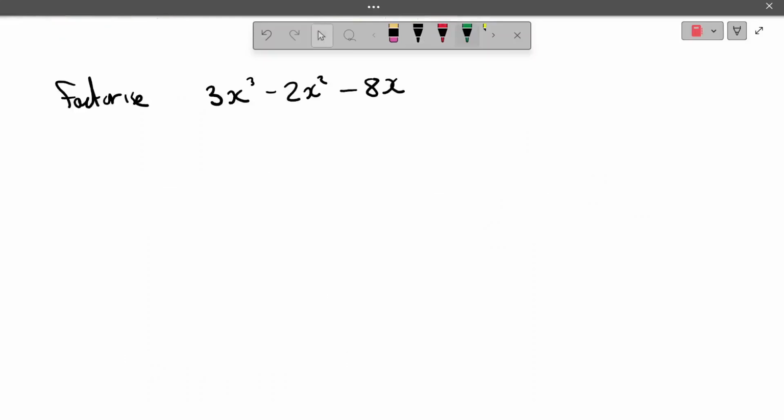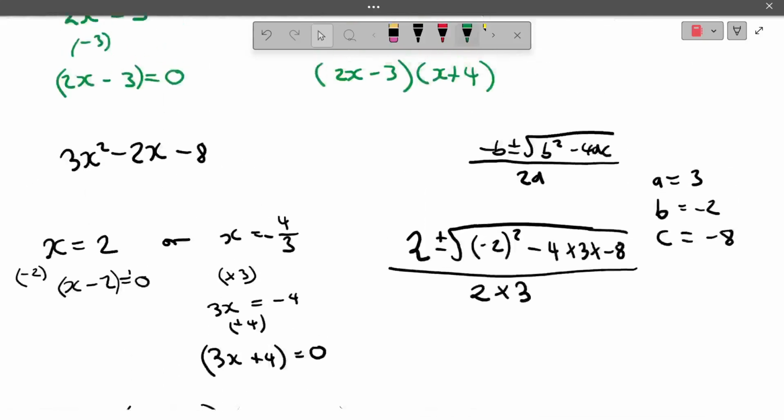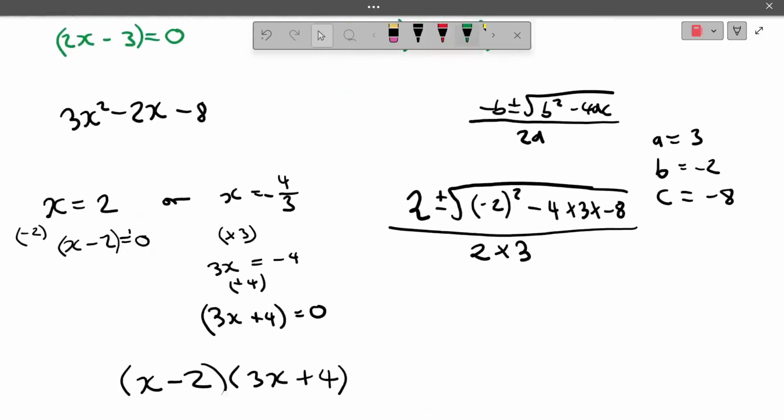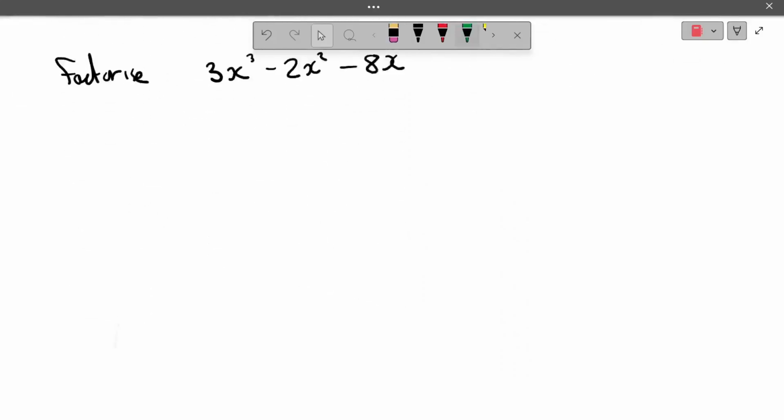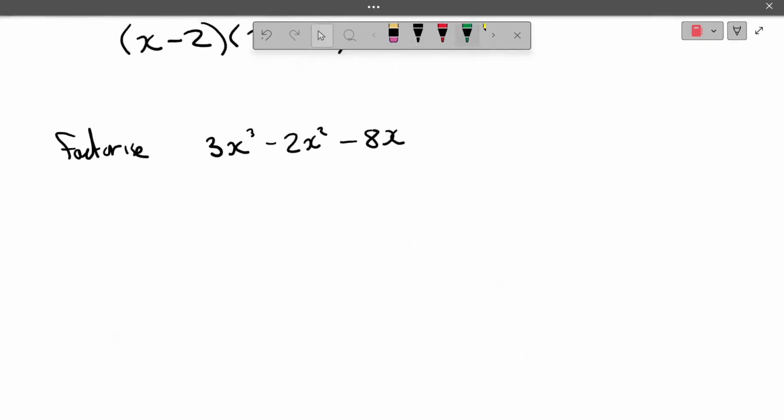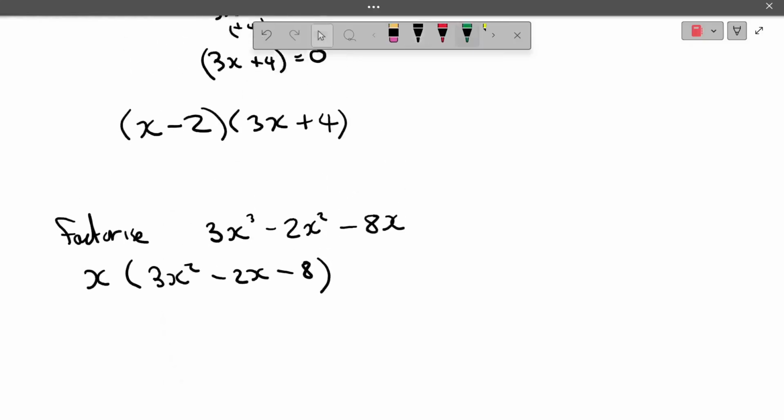Let's have a little look at this next one. And this is actually very similar to the previous one. So if I'm going to scroll back up, we have our 3x squared minus 2x minus 8. Now I have 3x cubed minus 2x squared minus 8. And what we have is just another extra x stuck to everything. So we've multiplied everything by x. So you have x times 3x squared minus 2x minus 8. And now I'm going to get the highlighter going.